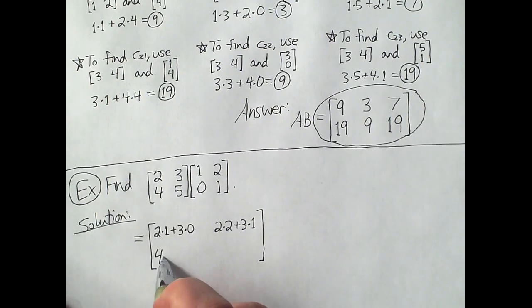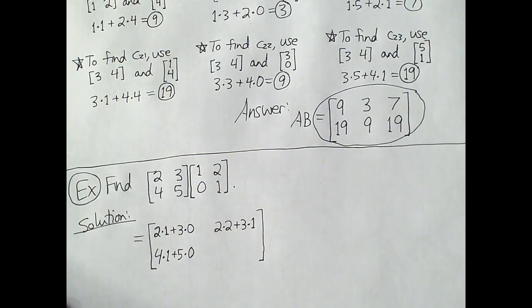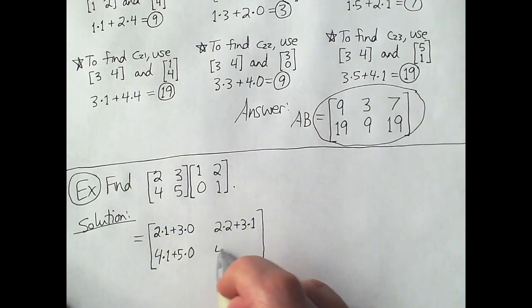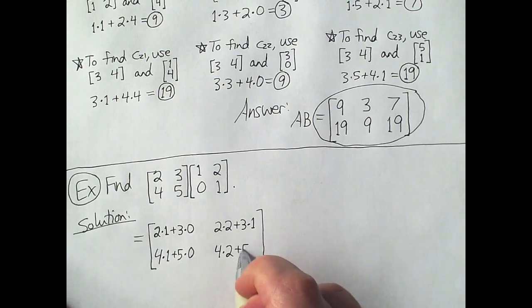So 4 times 1 plus 5 times 0 is what goes here. The last entry needs to use the last row of A and the last column of B. So the 4, 5, and the 2, 1. 4 times 2 plus 5 times 1.